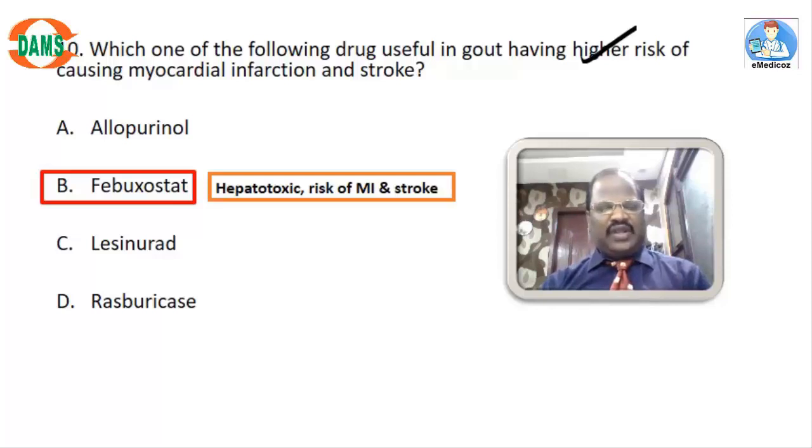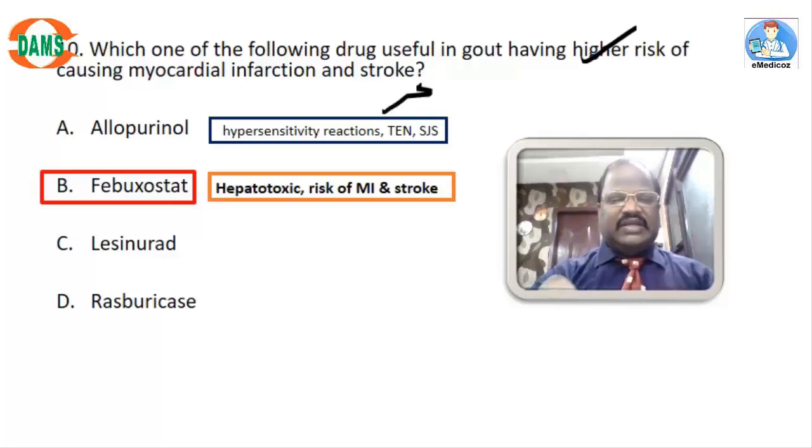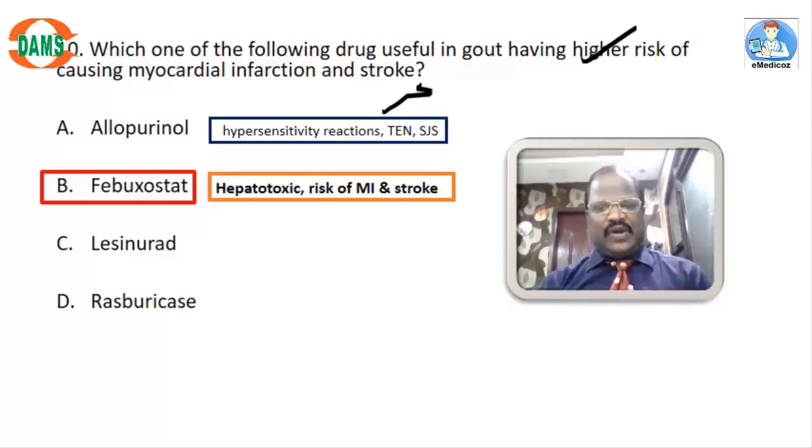Now look at option A. Allopurinol is another xanthine oxidase enzyme inhibitor, thereby inhibiting uric acid synthesis. The most important side effect of allopurinol is hypersensitivity reaction, usually mild allergy, sometimes rarely causing Stevens-Johnson syndrome and toxic epidermal necrolysis. Coming to option C, lesinurad is a newer drug. It's a uricosuric drug.